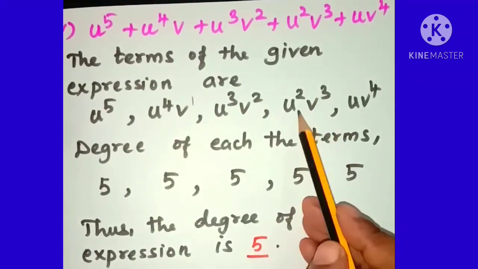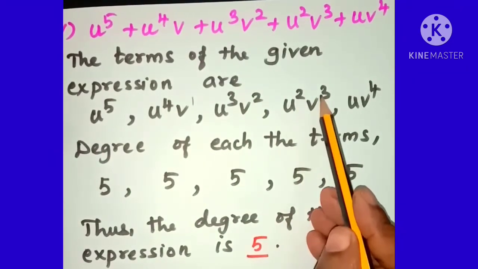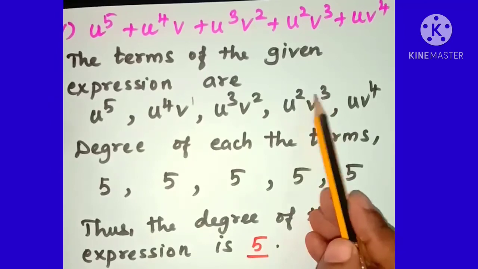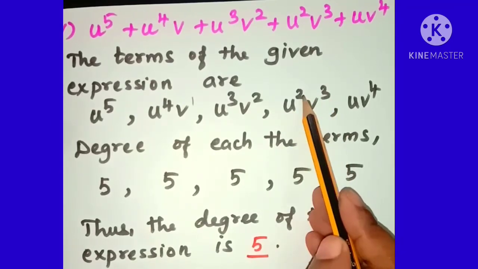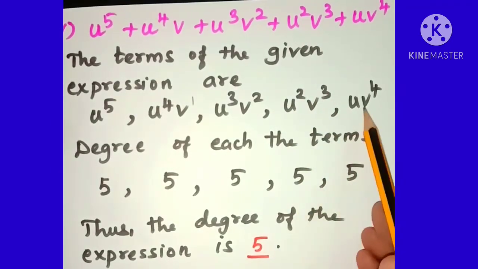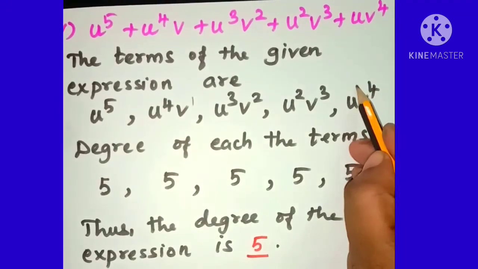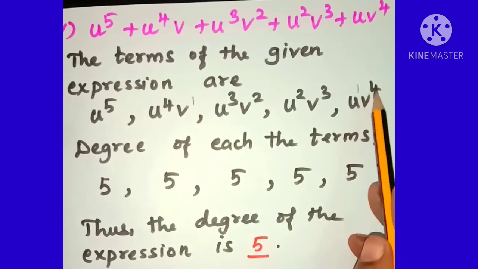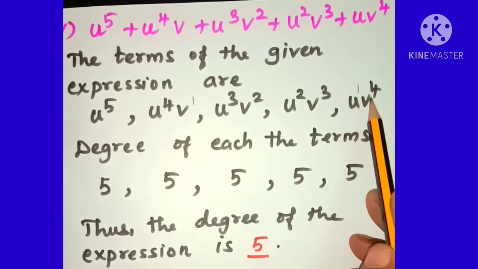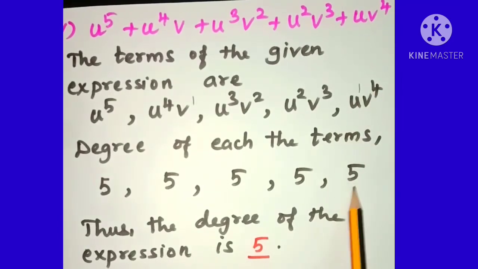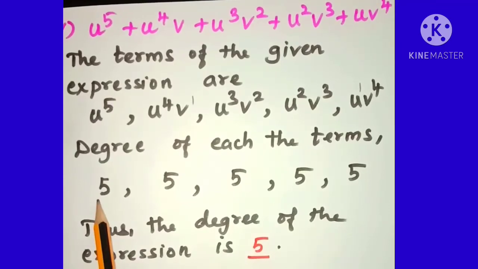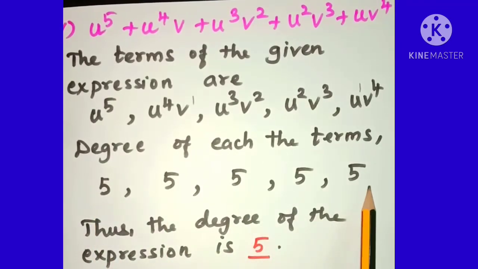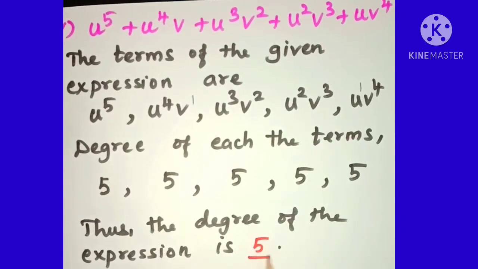And here the degree of u square v cube is the sum of the powers of u and v, that is 2 plus 3 is 5. And here the power of u is 1 and the degree of u v power 4 is the sum of the powers of u and v, that is 1 plus 4 is 5. So see, all the terms have the same degree as 5. So the degree of the expression is 5.